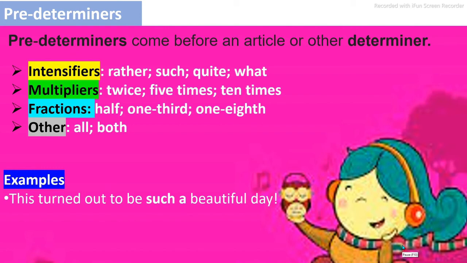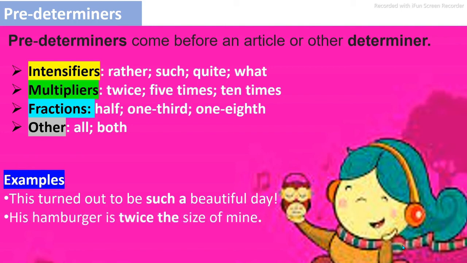After intensifiers, multipliers come. This type of predeterminer is used to express more than the specified amount. For example, his hamburger is twice the size of mine. So here also size is a noun which is modified by 2 determiners.